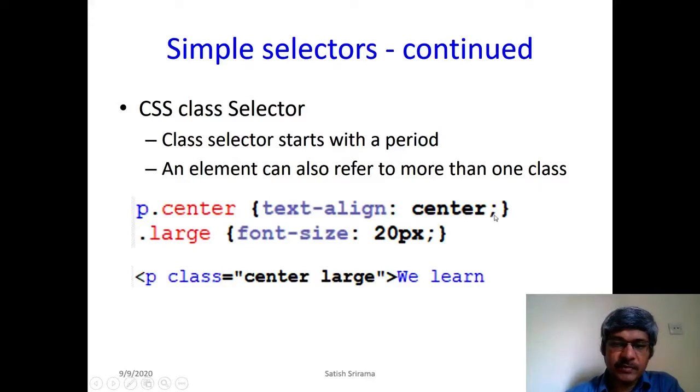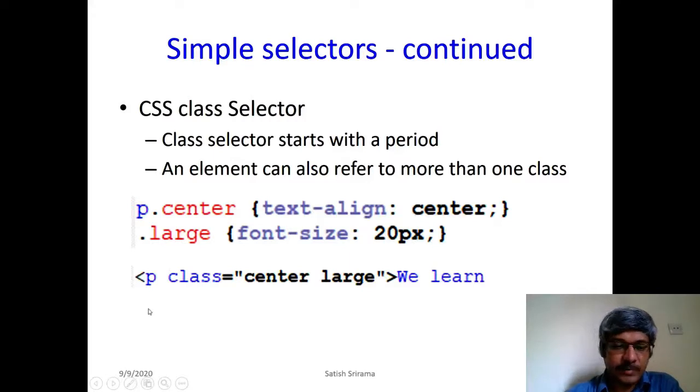This is a basic property which I am giving so that we can very easily see it. You could have changed the color, increased its font size, increased its boldness, and so on. You can do all sorts of things. That is for the P class, whereas this is a generic class. Wherever any element is within this class large, we increase its font size to 20 pixels.